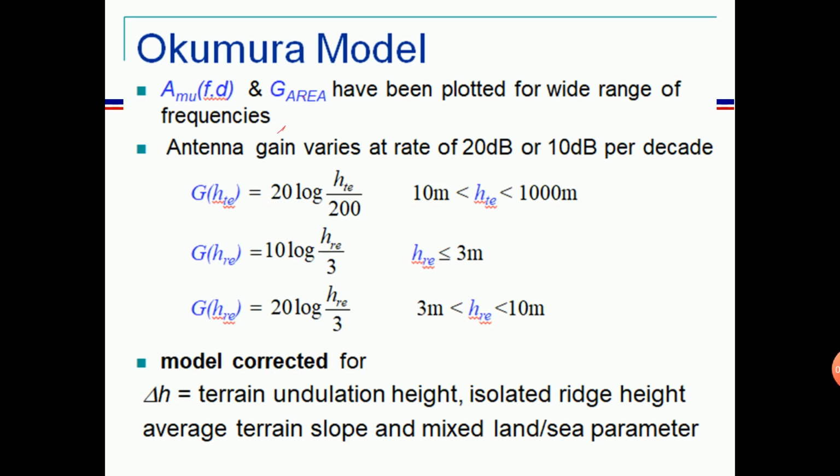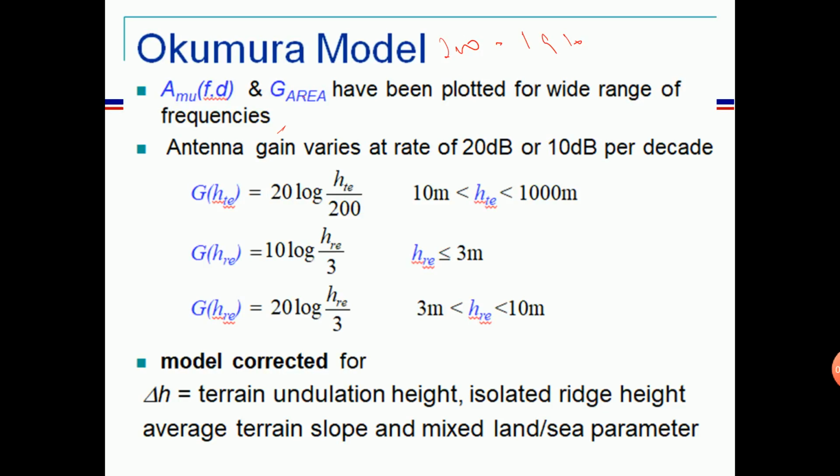What is the frequency range? From 150 megahertz to 1920 megahertz. Generally we use it for 200 to 1920 megahertz. Antenna gain varies at the rate of 20 dB or 10 dB per decade.